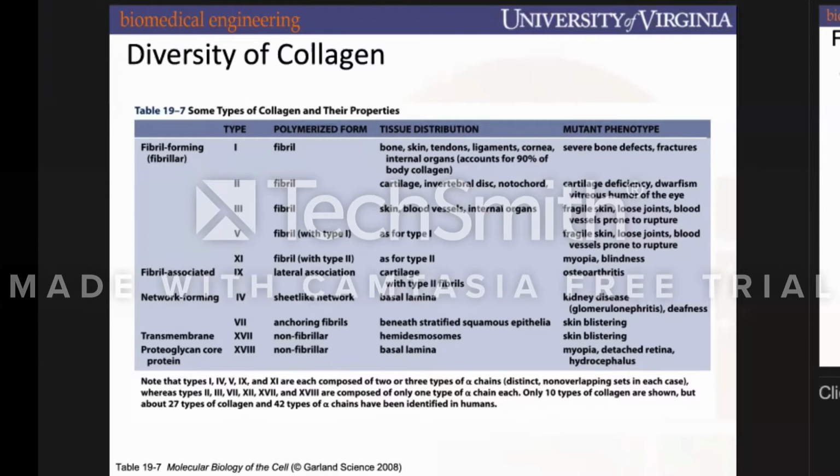What are the two key features that we talked about that are distinguishing or unique to collagen? Does anyone remember? It was from a few slides ago. What's the amino acid sequence that's unique to collagen?